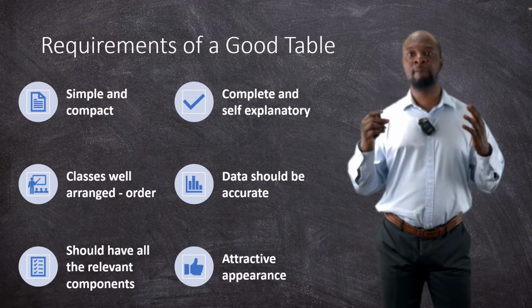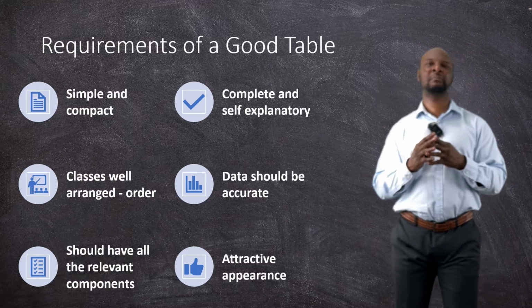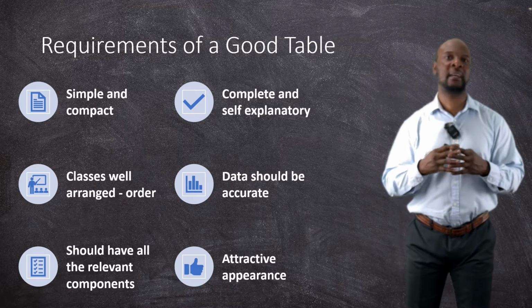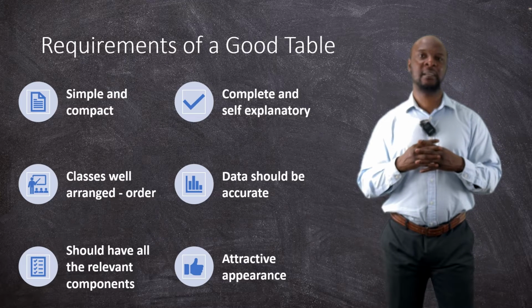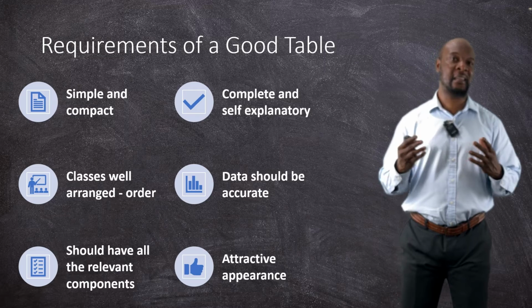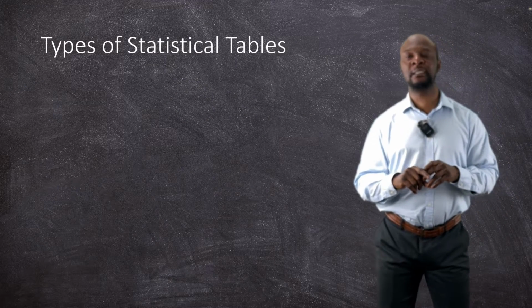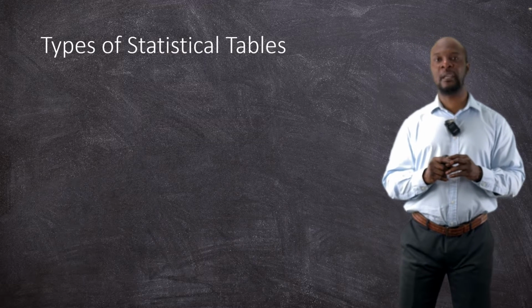And the last thing we expect is that the table should be attractive, because if it's not attractive, not very many people can actually understand tables. Tables are not things that everybody can just understand easily, and that's one of the disadvantages of tables. These are the requirements of a good table.